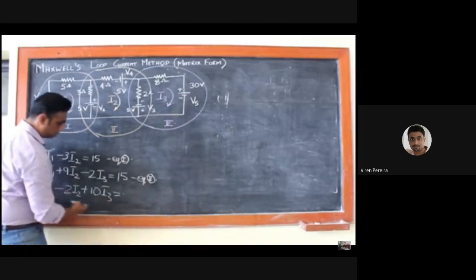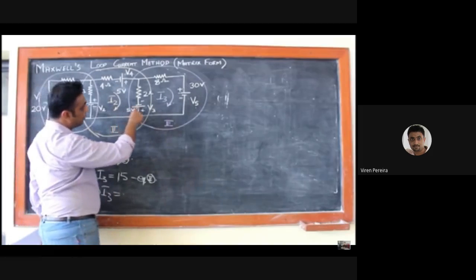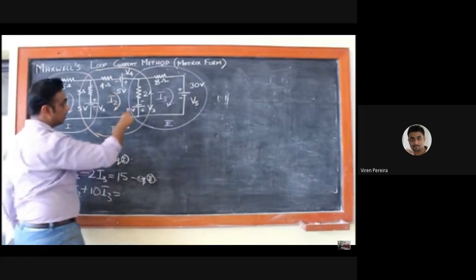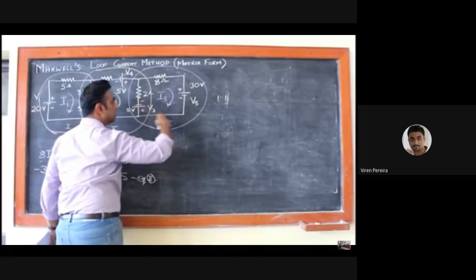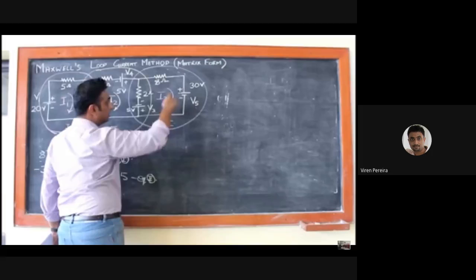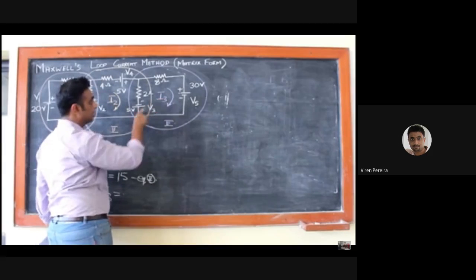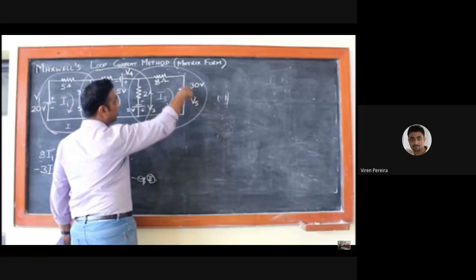Now we have to see the voltage sources. We took the drops, now we have to see the voltage sources. If you see, you have 5 volts and you have 30 volts. Now check the polarities. Current flows from positive to negative, so this is in an anti-clockwise direction, which is in opposition to current I3. So it will be minus 5. What about 30?